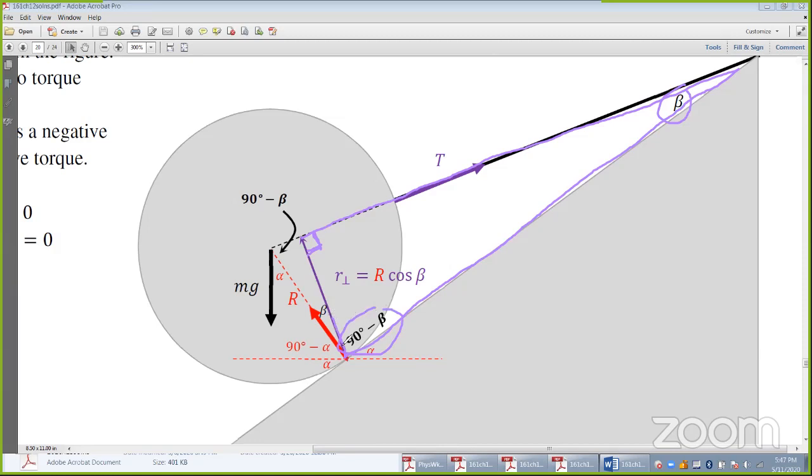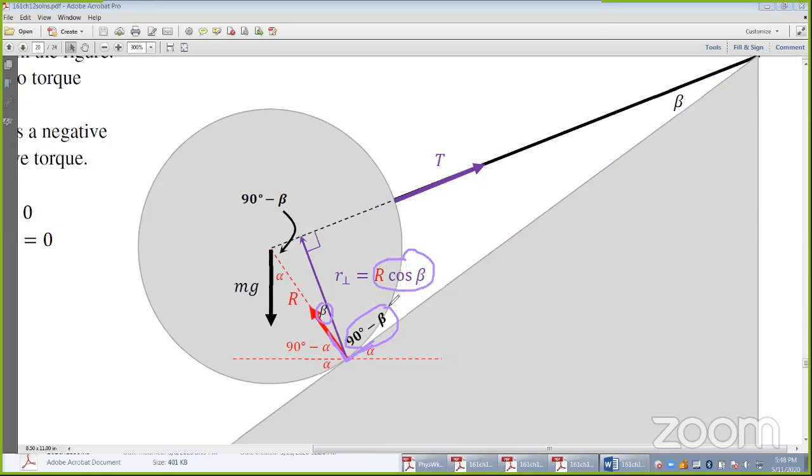And then because this is a right angle here, and I'm getting sloppy, I'm going to clear this out. Because this is a right angle, I know 90 minus beta and beta sum to 90. So that's why I used R cosine beta.